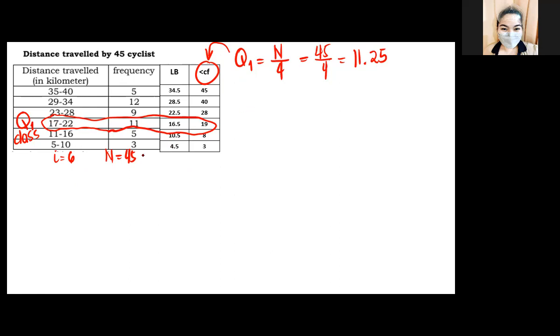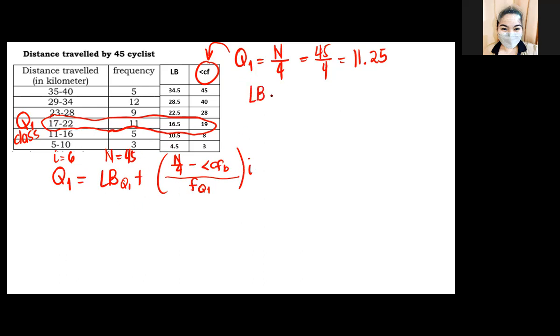Okay? So, ang formula natin for Q sub 1, again, is lower boundary of the Q sub 1 plus yung locator natin na n divided by 4 minus the cumulative frequency below divided by yung frequency ng Q sub 1 times I. So, kunin natin yung mga values.